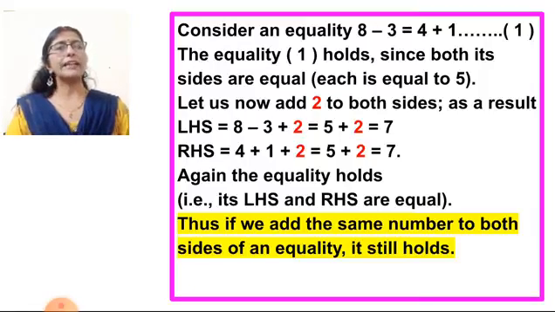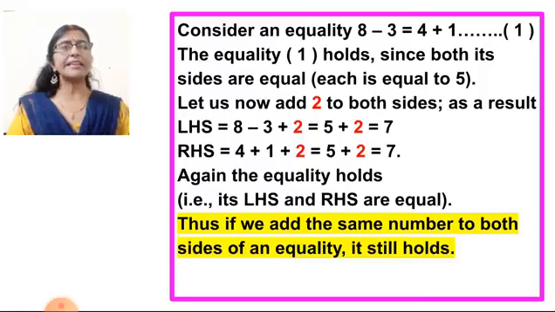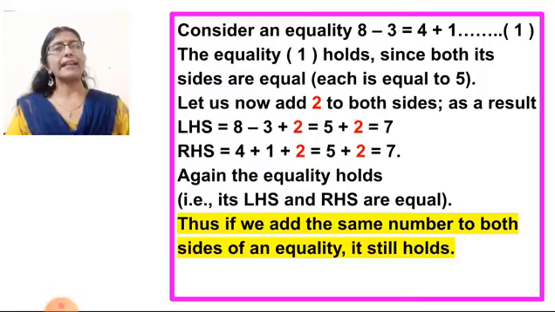So 4 plus 1 will be added to 2, the same number. So 4 plus 1 is 5, 5 plus 2 is 7. Again the equality holds, which means LHS and RHS are equal. Thus, if we add the same number to both sides of an equality, it still holds.